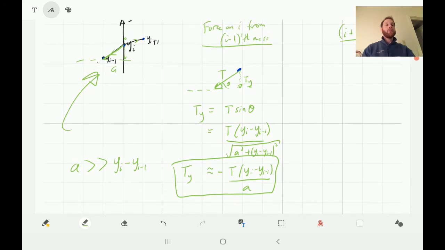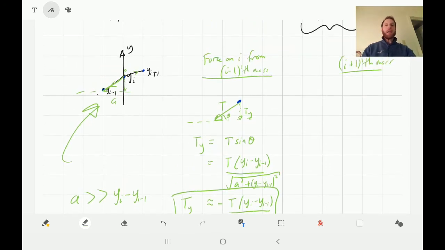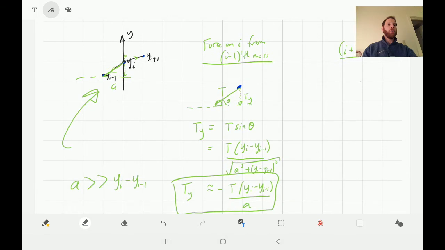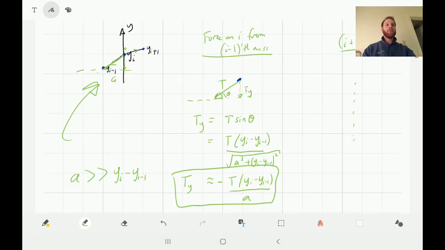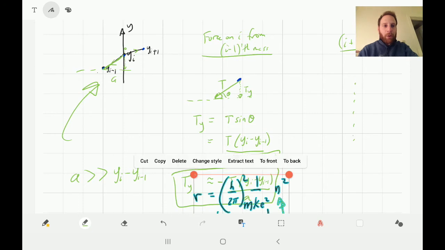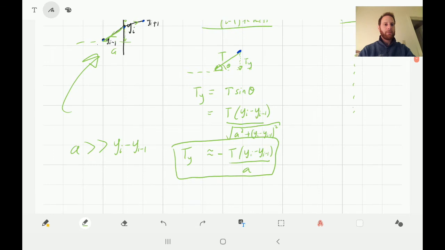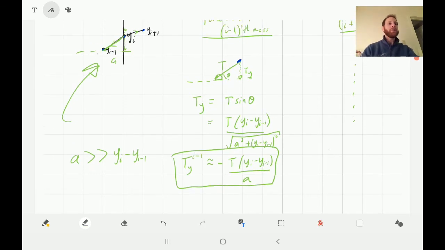Well, that's also going to be true for the i plus 1th mass as well. You can go through this logic, and I'm going to label this one: this is the y component of the force from the i plus 1th mass.